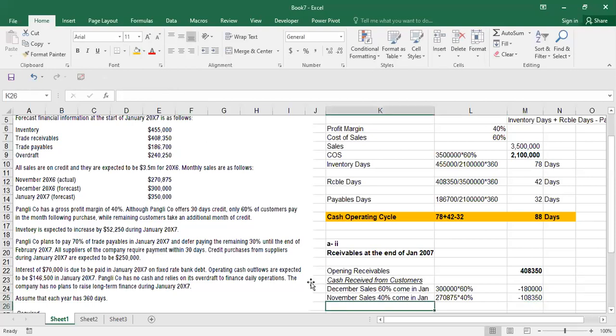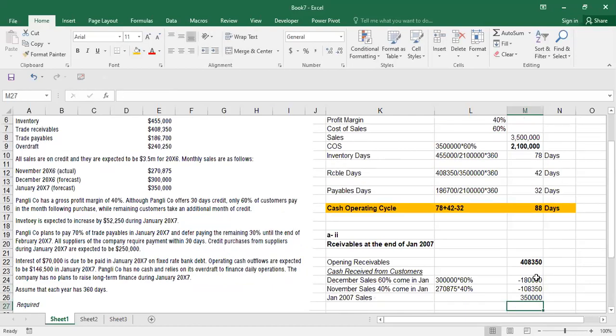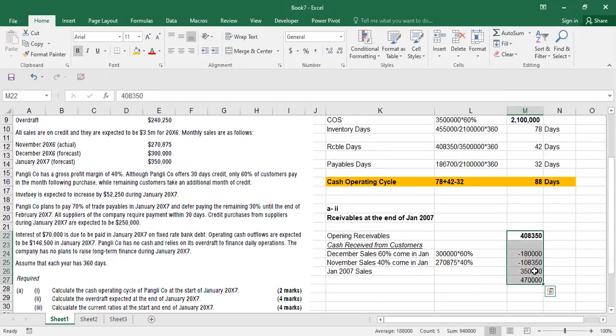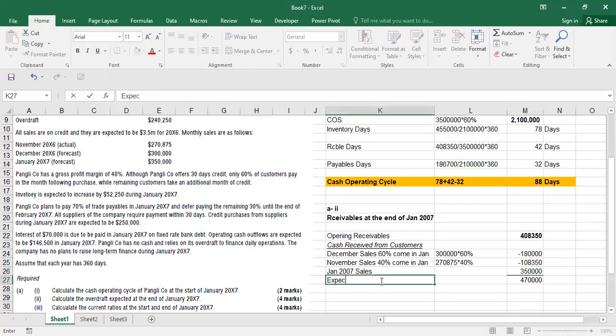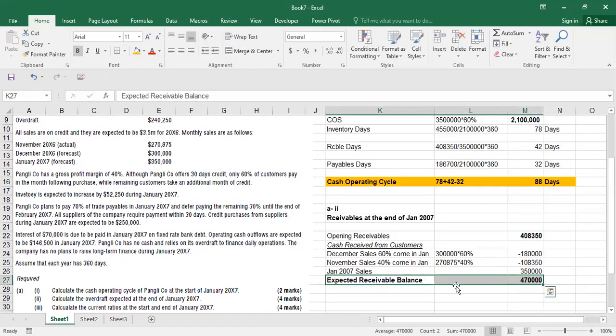Plus you will have January 2007 sales, all on credit. These January sales will be on credit, and how much are they? They are 350,000. So when you make a total of these numbers, you get an answer 470,000. So it means that your expected receivable balance is $470,000.